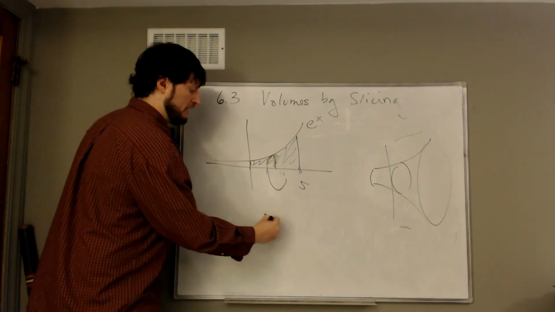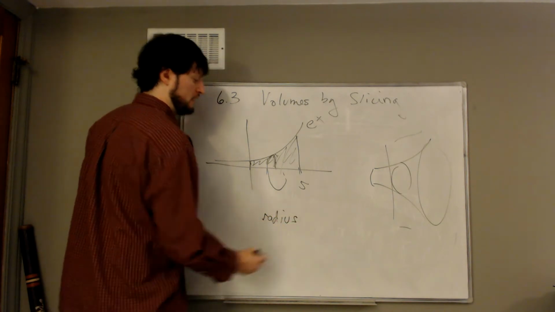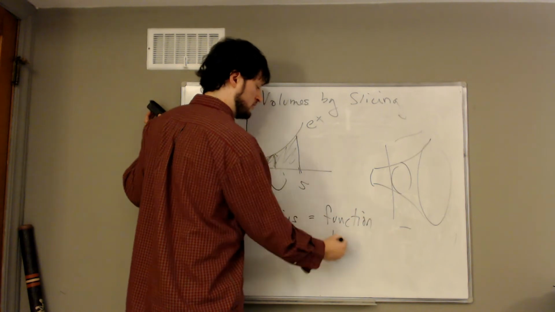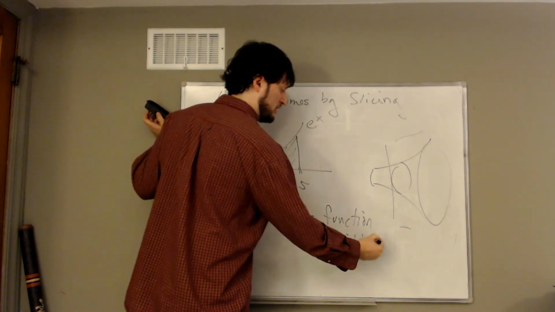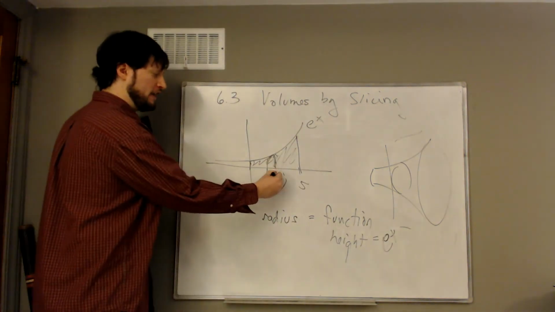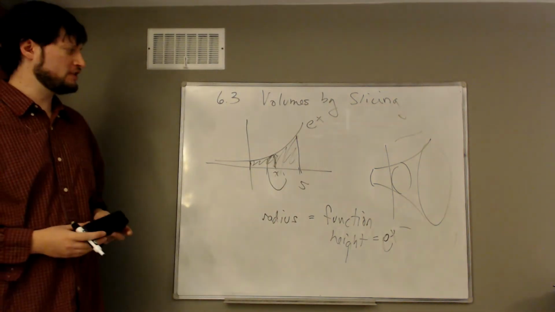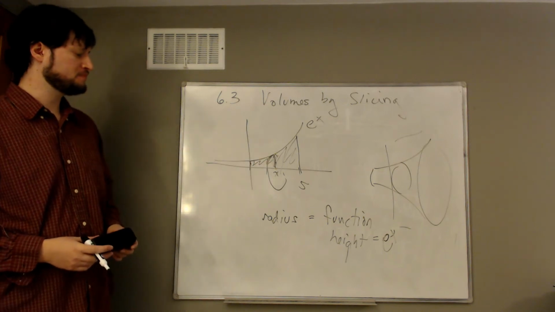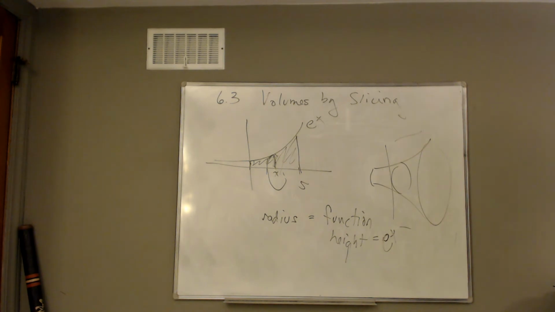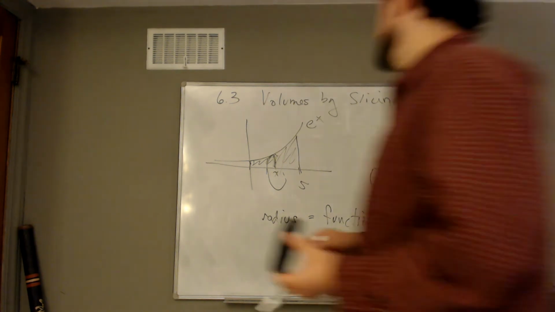And so the radius is equal to the function height, in this case, which is just e to the x. So at this given x value, the radius is e to the x. All right, so let's keep that in mind.